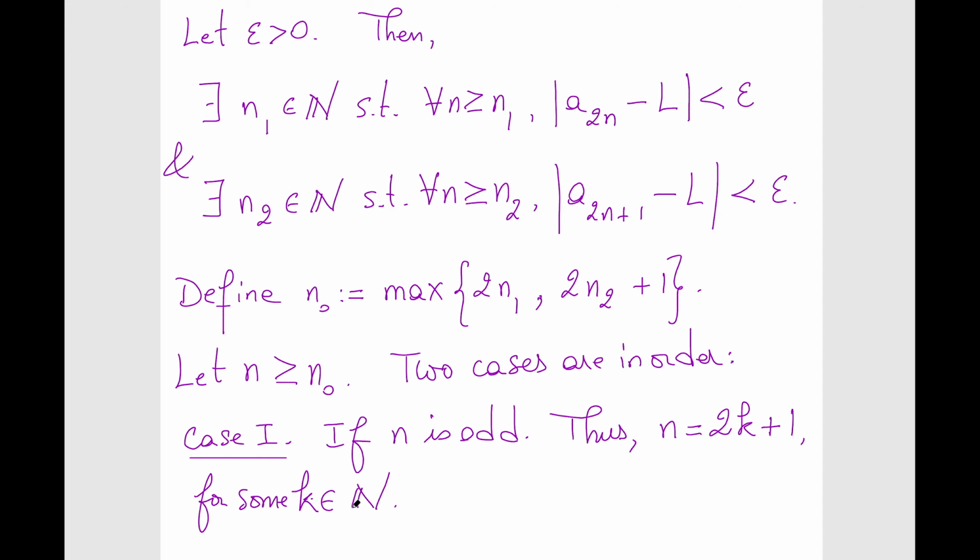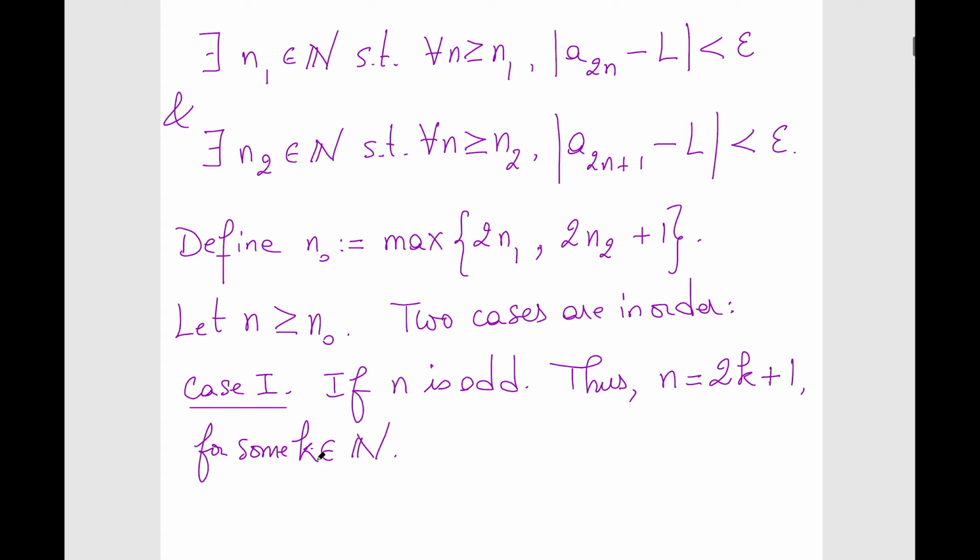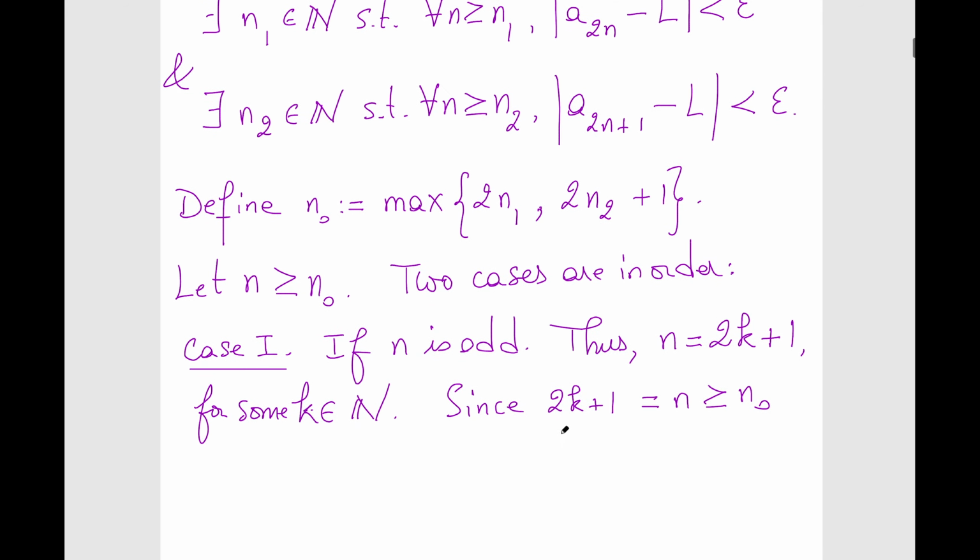Make sense? All right, what do we know about k? Well, we know that n is at least n naught, right? So what's n in our context since n is odd? It's this number, 2k plus 1. Correct? So since n is at least n naught, but we know in this case n is 2k plus 1, what can you say then about k?